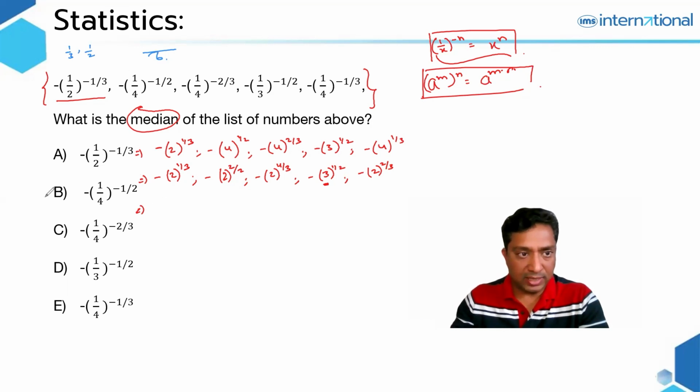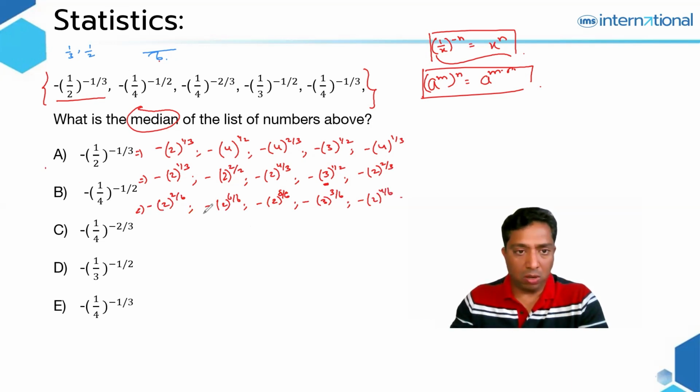I rewrite these steps as minus 2 power, and this 1 by 3 as 2 by 6. Over here, 2 divides 6 three times, so you write it as 6 by 6. This you can rewrite as 2 power 8 by 6. And over here, 2 divides 6 three times, so 3 into 1 is 3, so you have 3 power 3 by 6. And this is 2 power 4 by 6.